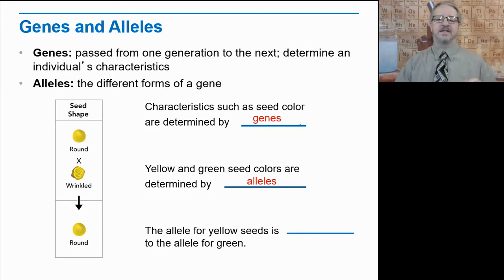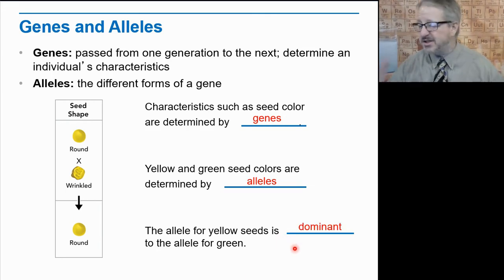So if you were to cross a dominant yellow and a recessive green, the offspring would be yellow. We're going to dive into that and pick that apart as we move deeper into the genetics study. But that's a good little start on it.